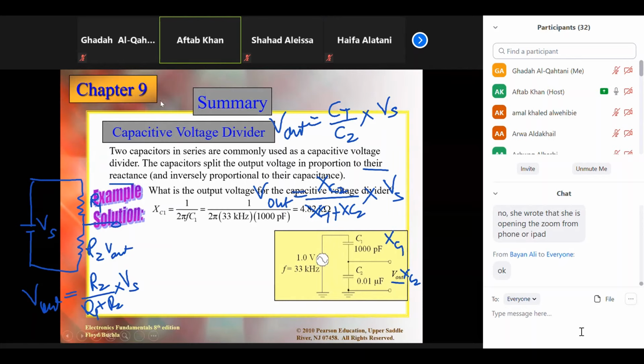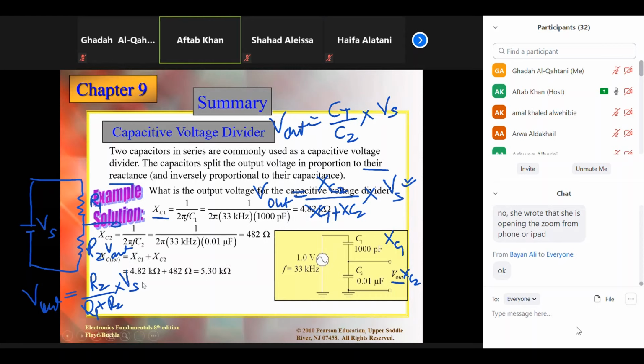First of all, we need to know XC1, the reactances, if we want to apply this formula. Okay, I'm using red color now. So get XC1 first. Similarly, you need to get XC2. After getting XC1 and XC2, we can apply the formula.